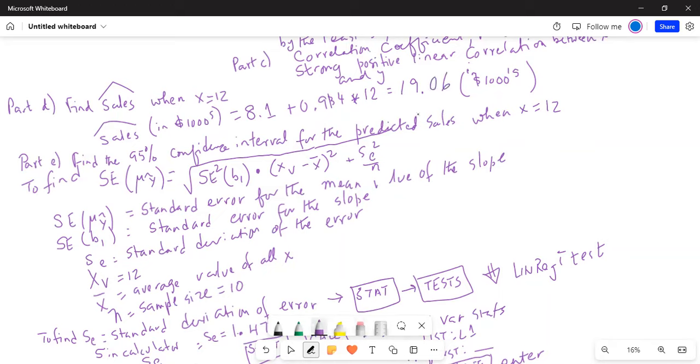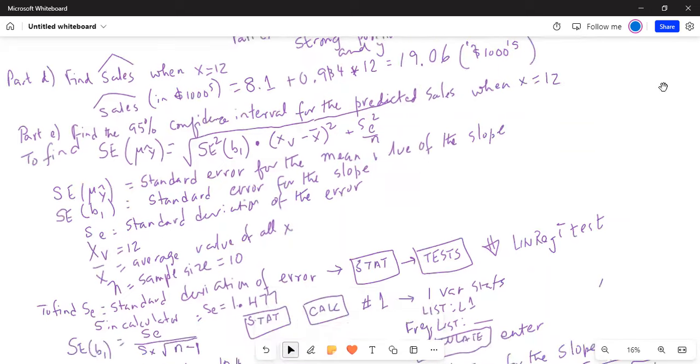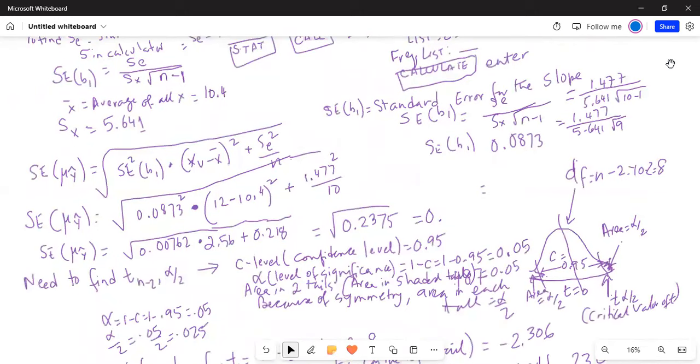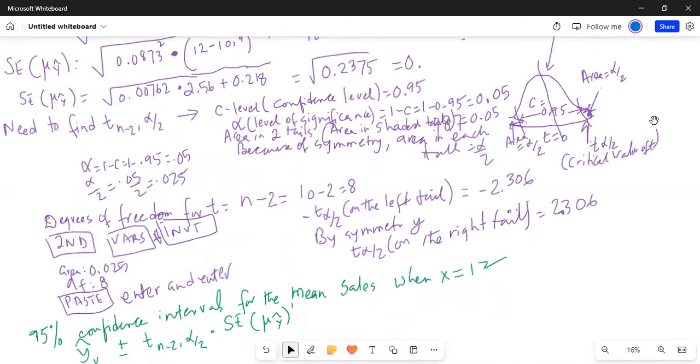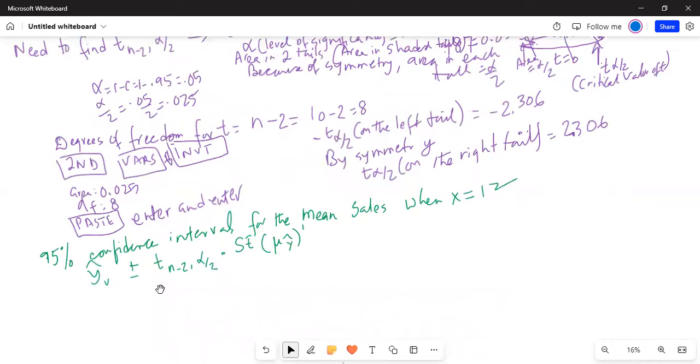Okay. So if I move down now, this will be 19.06 plus minus my t n minus 2.